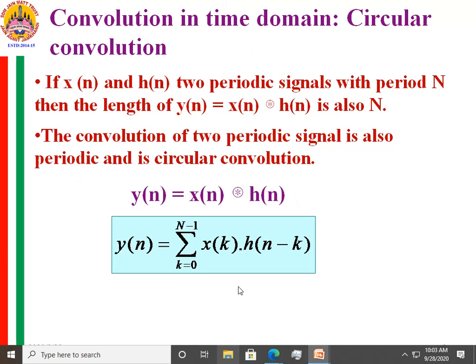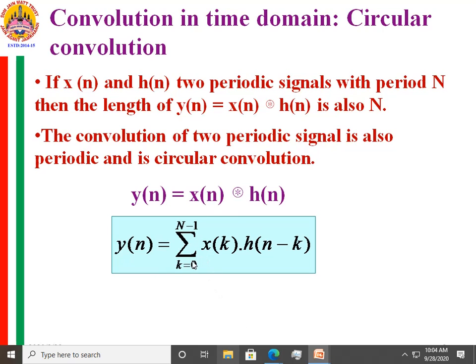The mathematical expression is not different from what we have studied in the previous semester for linear convolution. Both expressions are the same, that is y[n] is equal to summation k from 0 to N minus 1 x[k] into h[n minus k]. So how do they differ from each other if the formula is the same?